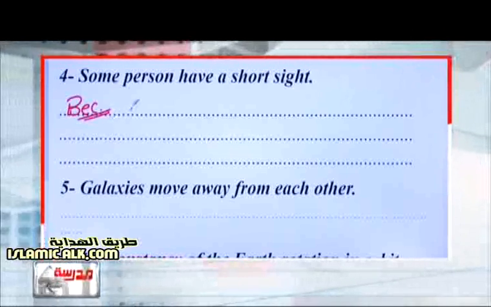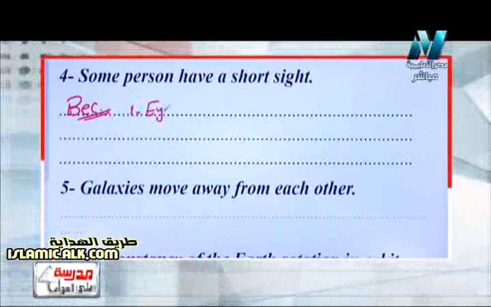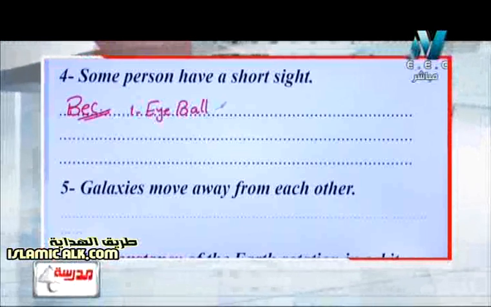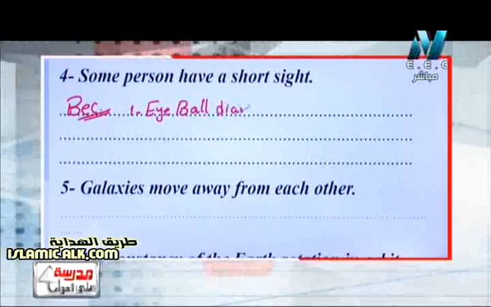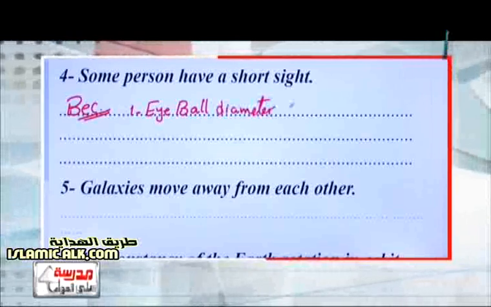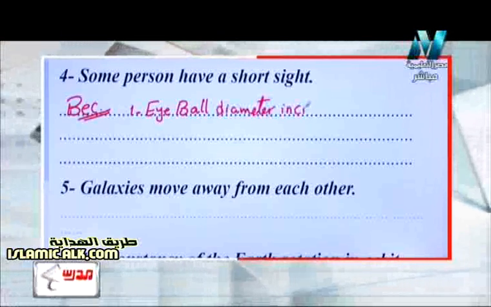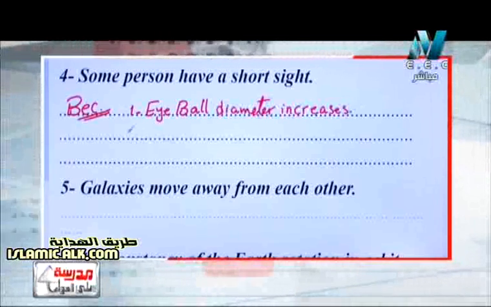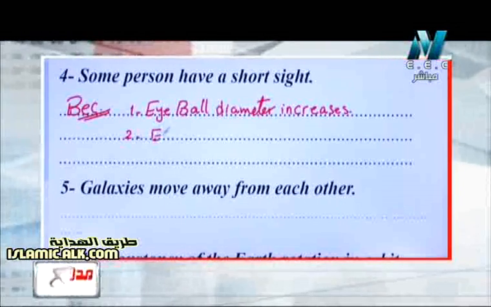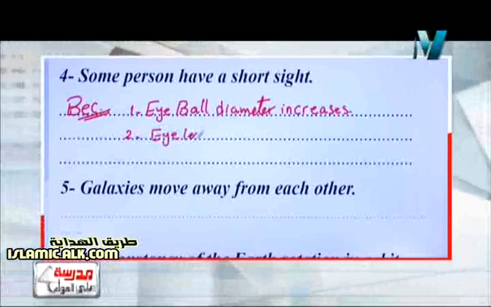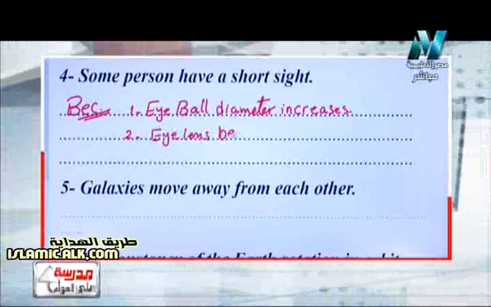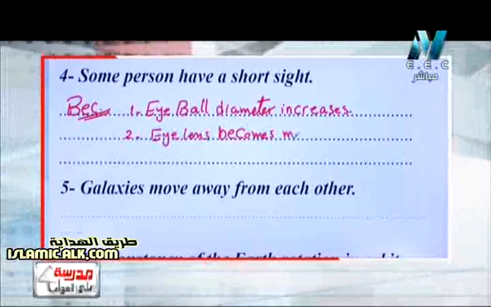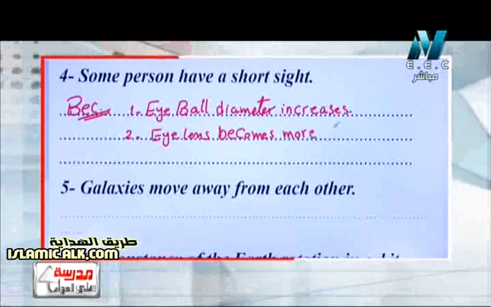Number one, eyeball اللي هو جسم العين نفسه, diameter increases. Eyeball diameter increases. So number two, eye lens becomes more convex.